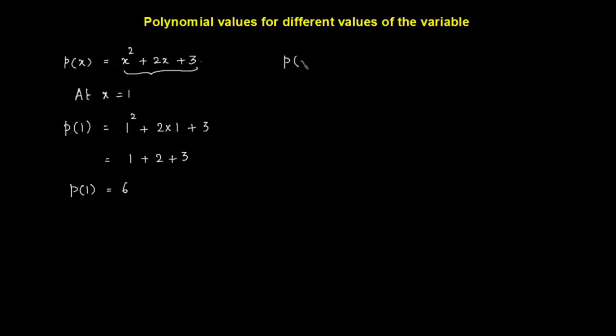Supposing we want to find out the value of p of 0. What is p of 0? Wherever you have x, you have to replace by 0. Therefore, you will be getting 0 square plus 2 into 0 plus 3. And what is this? This is equal to 0 plus 0 plus 3. So P of 0 is 3.